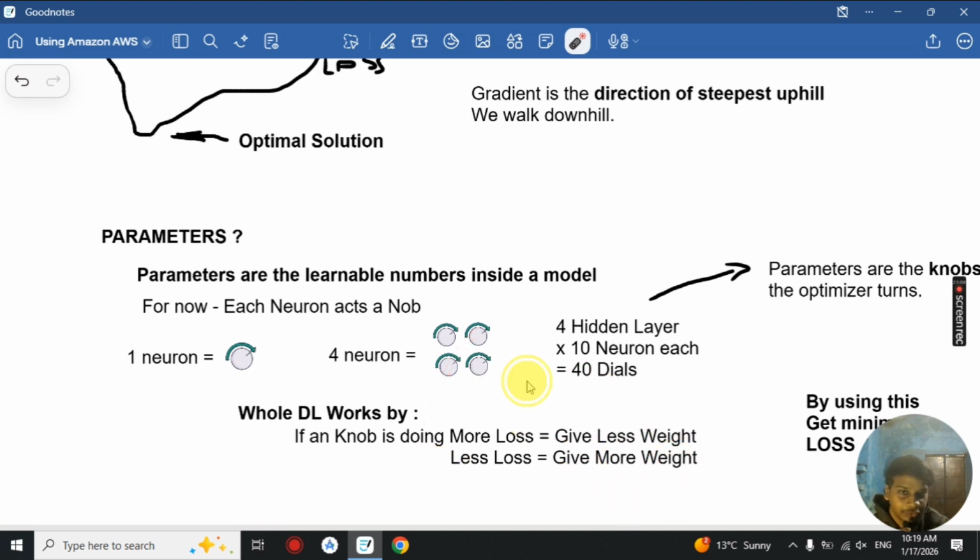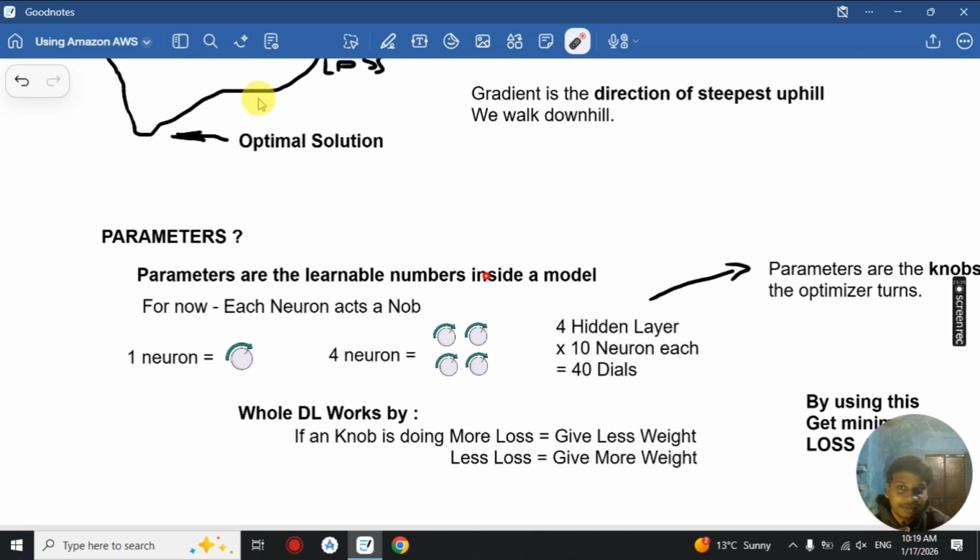So finally, deep learning works like this: if a layer is causing very high loss, we give it a lower weight so that it doesn't cause that high loss, and if a model parameter is giving us very little loss, we give more weight to it so that we can extract meaning.